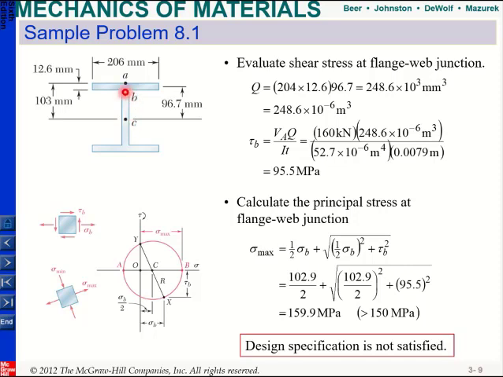And B is critical because you have a large normal stress and a large shear stress. At point A, you have only normal stress, no shear stress. And at point C, you only have shear stress, no normal stress. So depending on their relative values, you might need to check all these points.